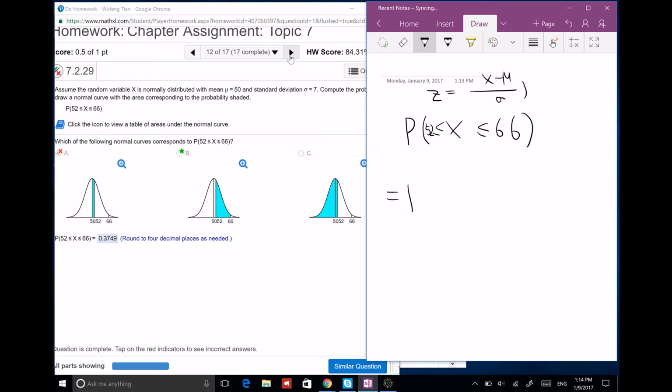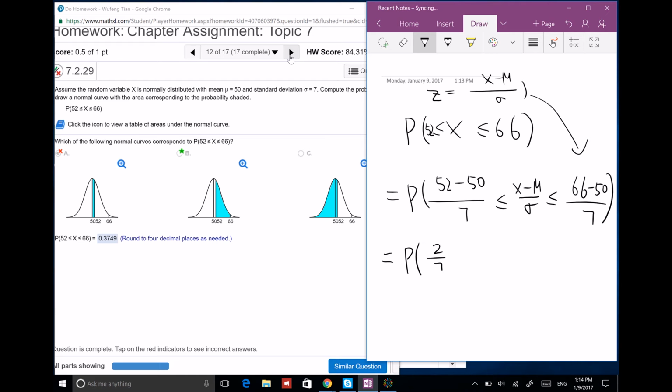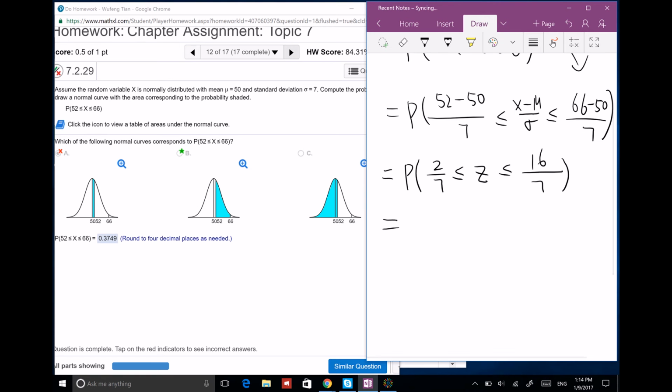We do 52 minus mu, which is 50, over sigma, which is 7, and 66 minus 50 over 7. So you get the probability of 2 over 7 less than or equal to z less than or equal to 16 over 7.